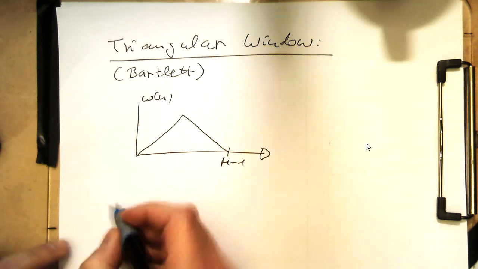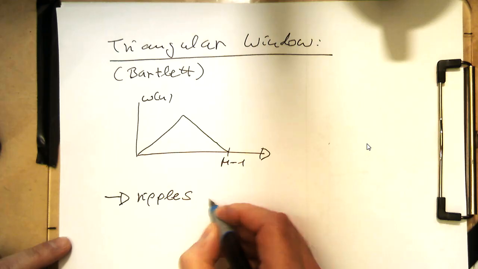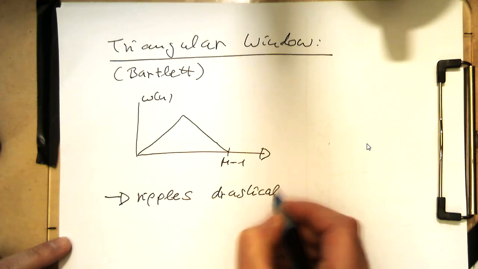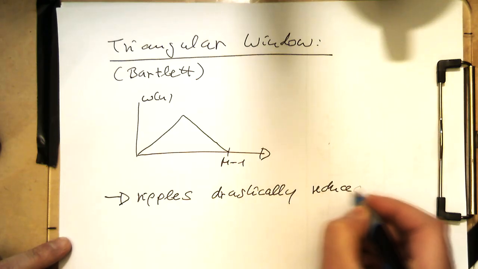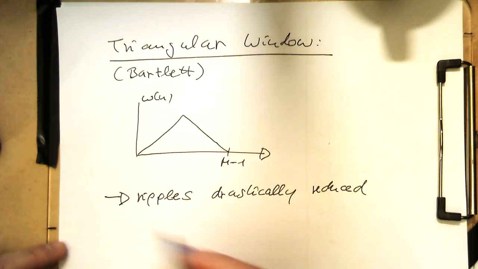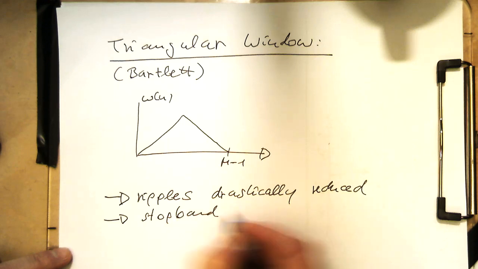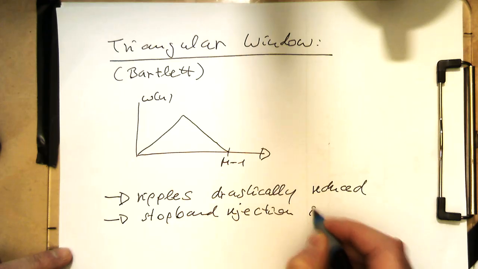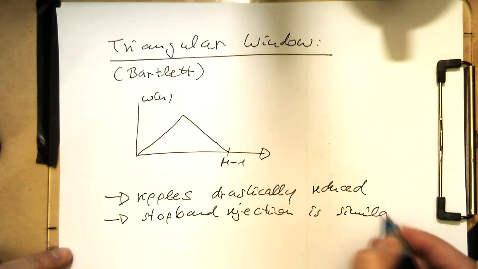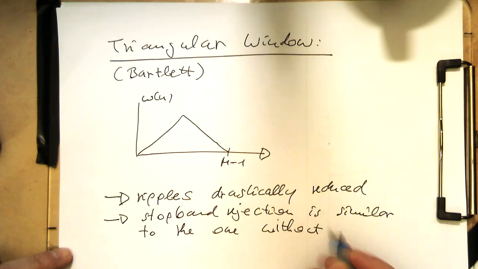And so what we see here is that ripples are drastically reduced, but the stop band rejection is similar to the one without windowing.